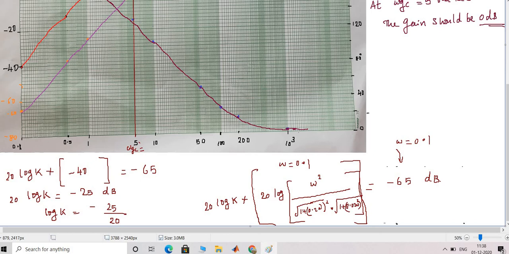In order to find K value, you have to find the anti-log of minus 25 by 20. It will be 0.05. The value of K will be 0.05. When the value of K is 0.05, you will get omega GC as 5 radian per second. Thank you.